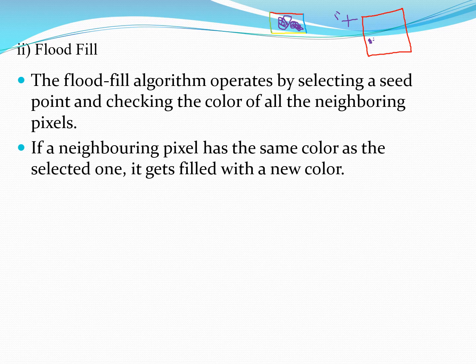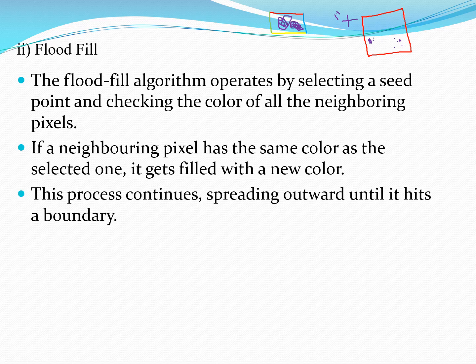Whatever pixel we take, it will check with the neighbors, matching the old color and the new color. If it is satisfied, meaning it is not a boundary color, it will replace the old color with the new color we want to fill, that is purple. It will fill and continue using either the 4 connected or 8 connected method.